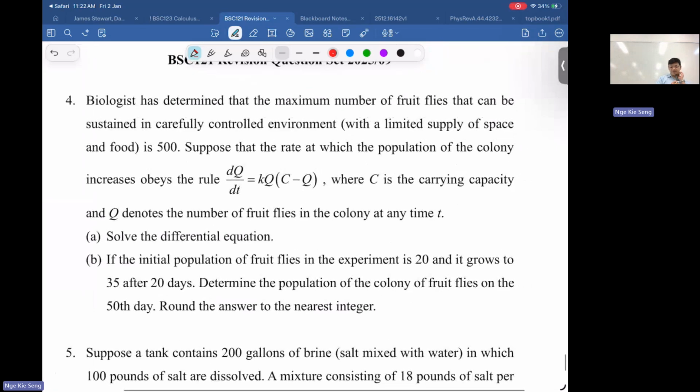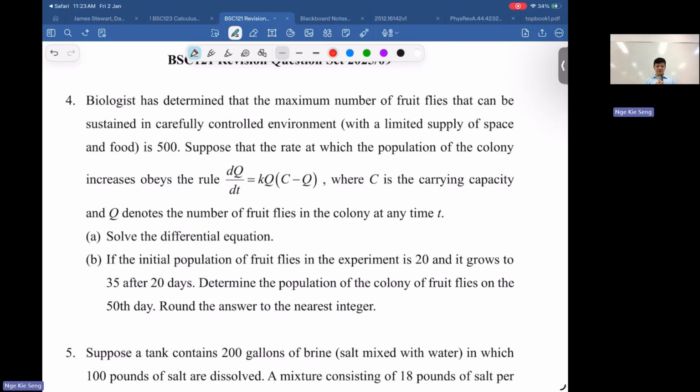Biologists have determined that the maximum number of fruit flies that can be sustained in a carefully controlled environment with a limited supply of space and food is 500. So this is the maximum number, like our carrying capacity.